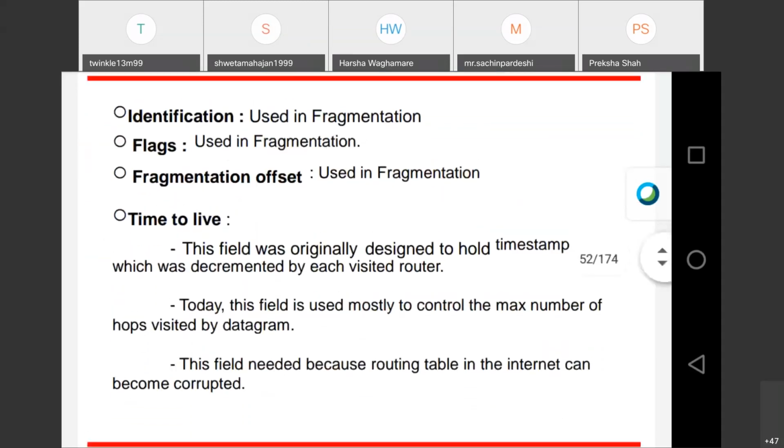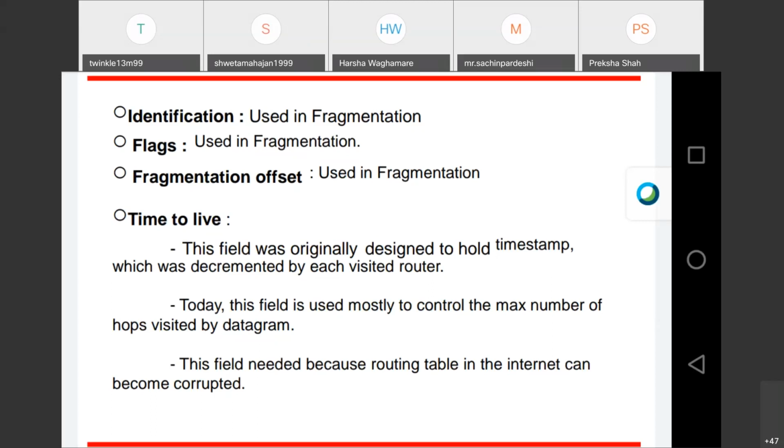Okay. Time to live means the survival time of a datagram in the network. For how long will the packet survive in the network?